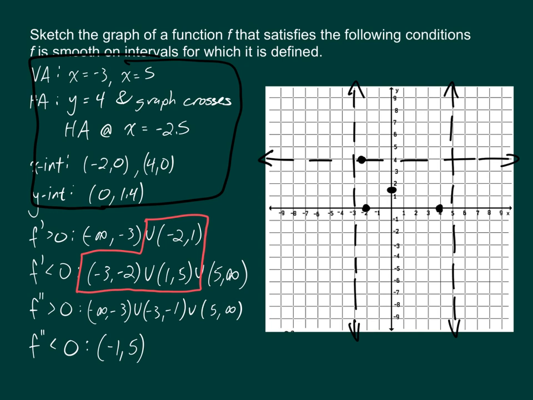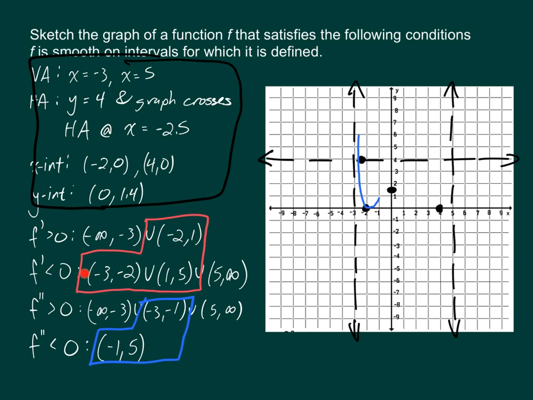So down here, concavity-wise, between negative 3 and 5, I just need to be looking at these 2 intervals. So between negative 3 and negative 1, second derivative is positive. That means concave up. So we are concave up here, just like that. Now, does that match up with what we had for the first derivative?